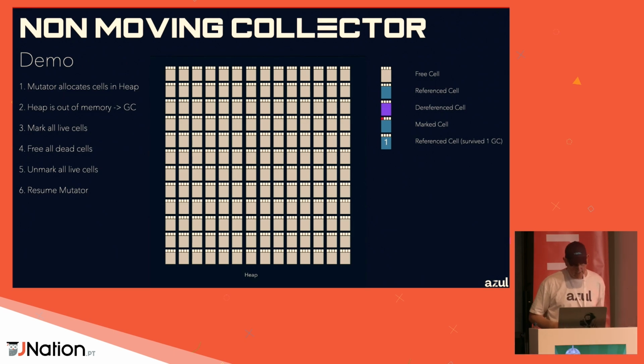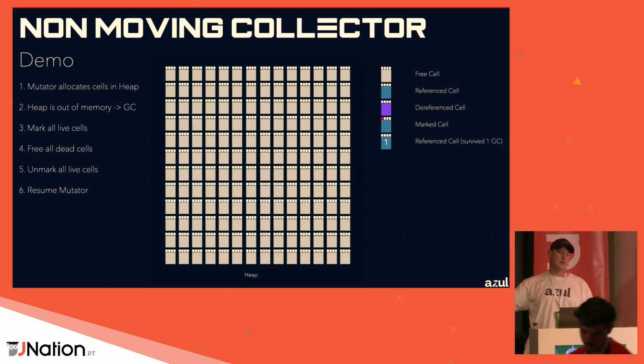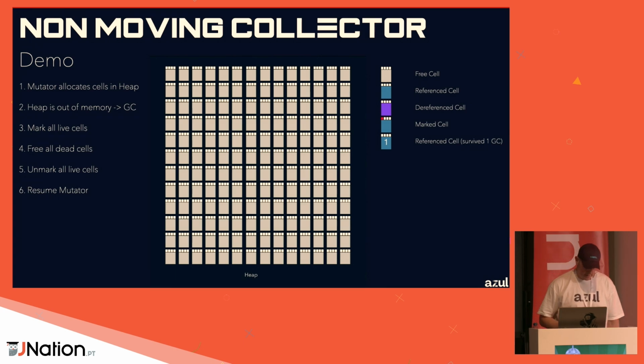That's the idea. So the mark and sweep allocator will start allocating cells in the heap until it runs out of memory, and then it will mark all the live cells. Then it will free the dead cells, and then it will unmark the live cells and will continue. Let's see how that works.